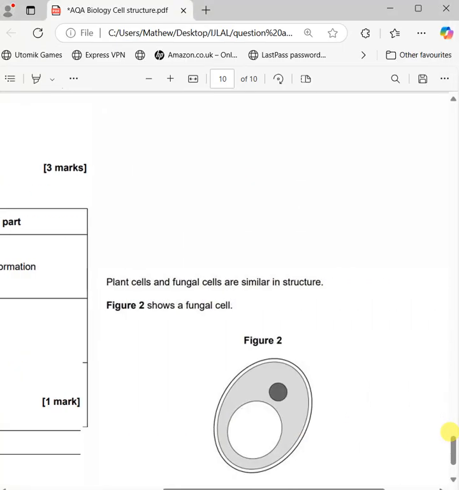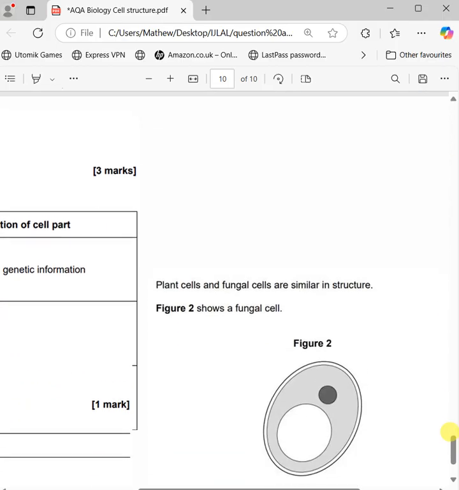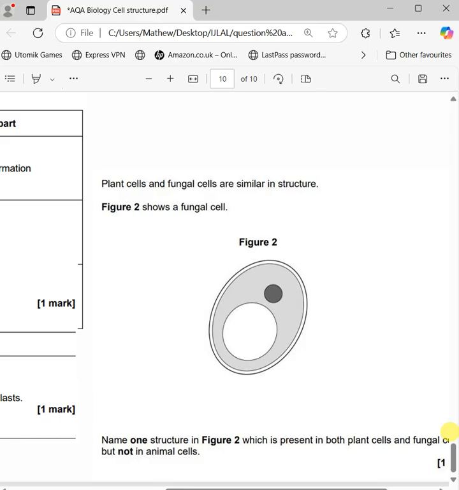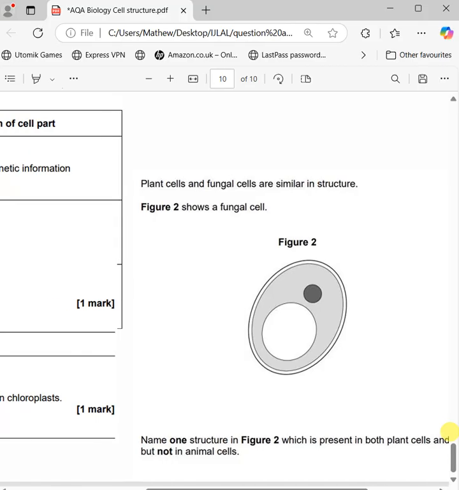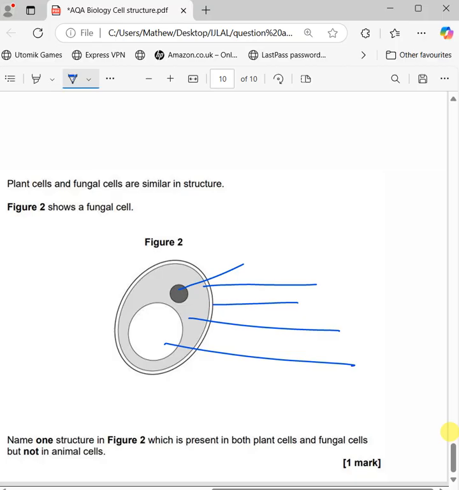Now, plant cells and fungal cells are similar in structure. Figure 2 shows a fungal cell. This is the cell wall, cell membrane. You have the cell wall here, you have the cell membrane, you have the nucleus, you have the vacuole, you have the cytoplasm.